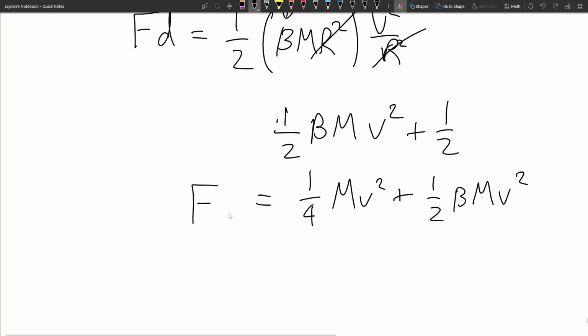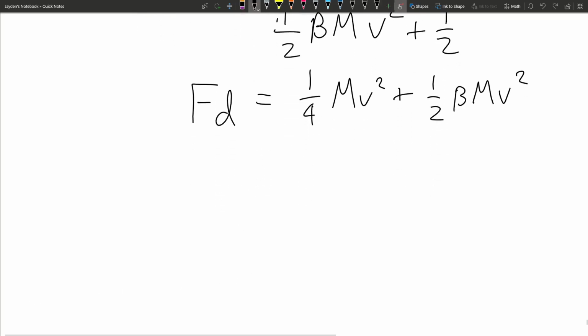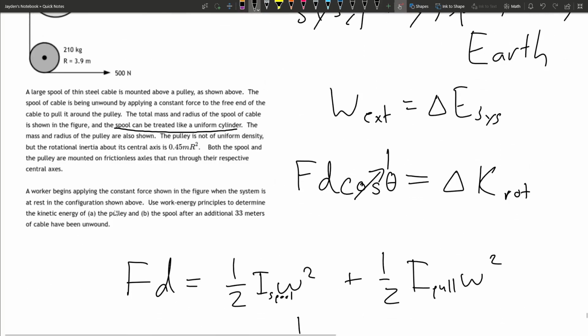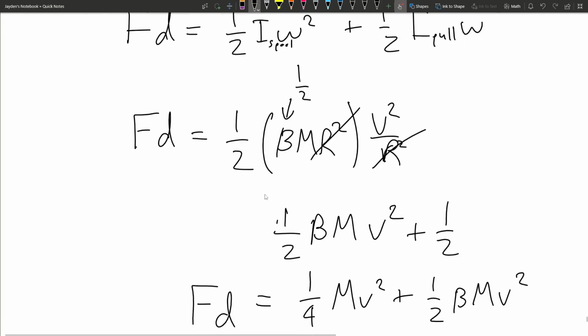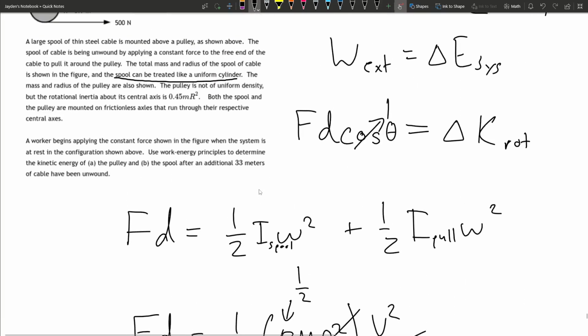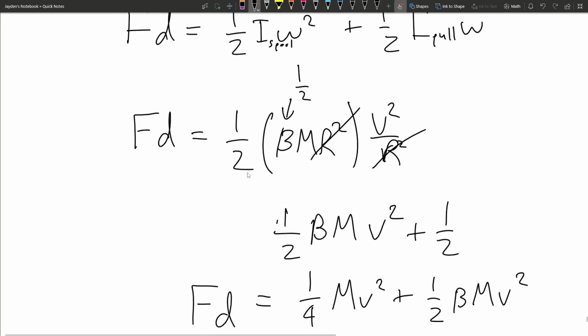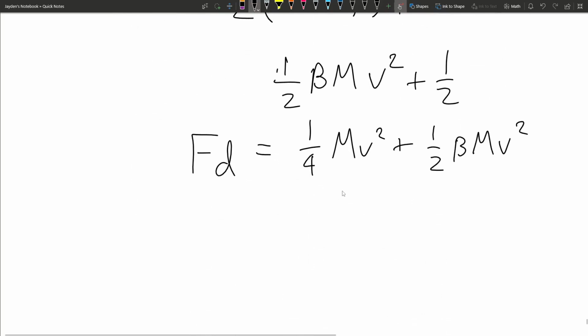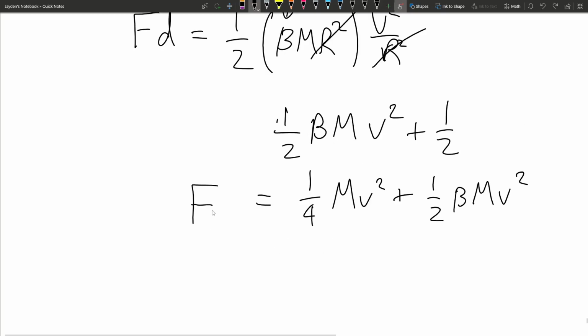It's equal to F d. So if we want to find the kinetic energy, we have to find the velocity of the cable. We can factor v squared out because it's the same.